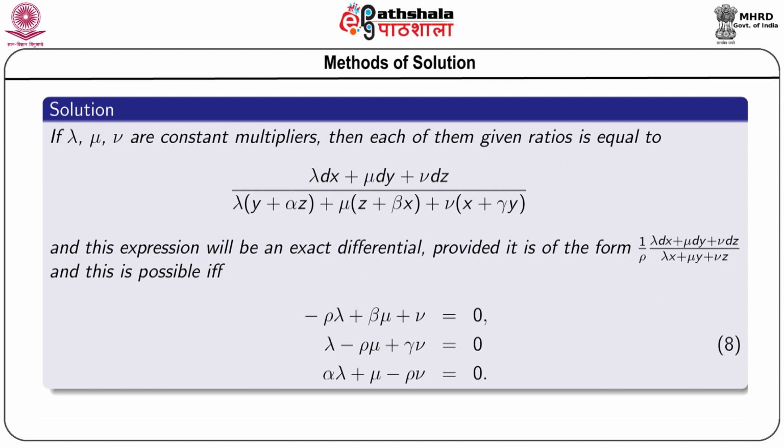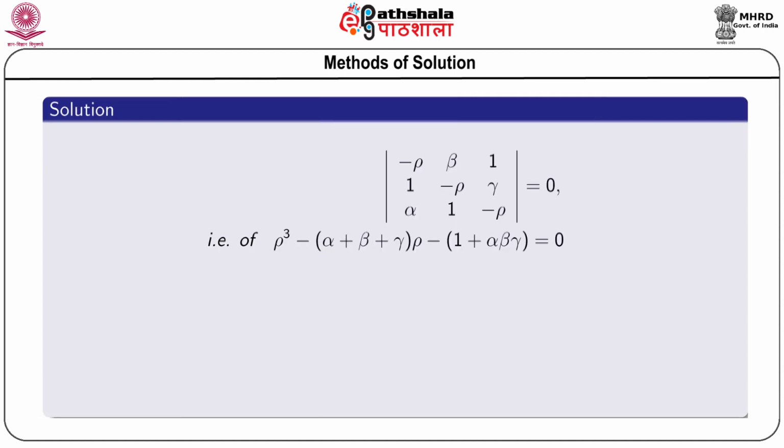That means beta mu plus nu equals lambda rho, and similarly, equating the coefficients of y from the denominator, we will get the other two equations. Now, to find the non-zero values of lambda, mu, nu, we have the condition that the determinant of this matrix must be equal to 0.